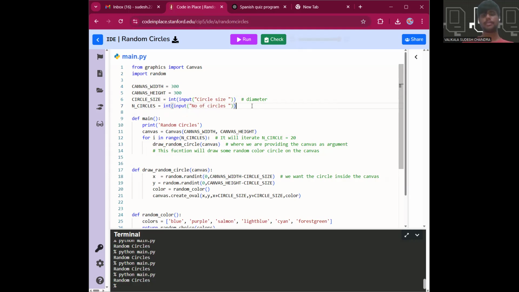These are some fun things we can do with this. We can even generate random integers. We can create a random number of circles. We can also do that with the help of the random module over here.